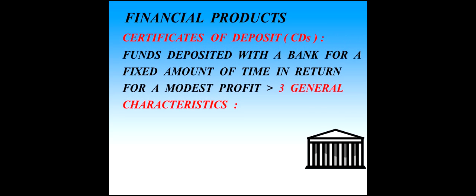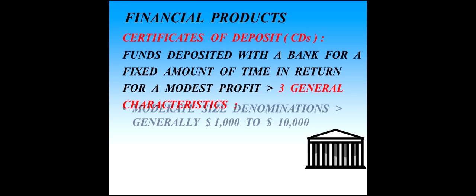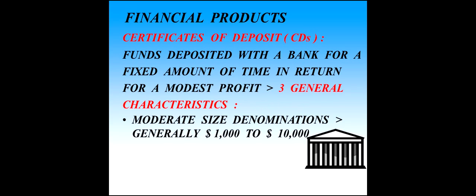The next type of financial investment product we want to look at and have an overview of is the certificate of deposit, commonly referred to as CDs in the financial community. A certificate of deposit is funds that are deposited with a bank for a fixed amount of time in return for a modest profit. And CDs have 3 general characteristics. They're usually moderate-sized denominations, generally between $1,000 and $10,000.